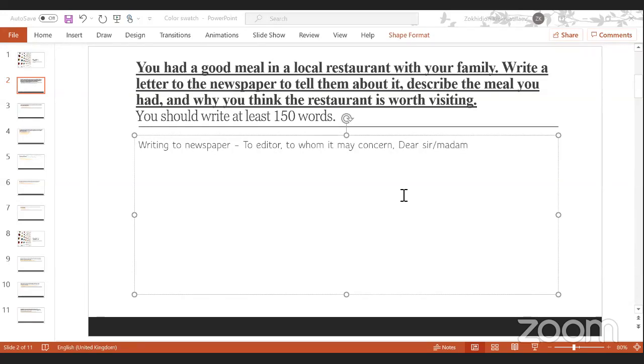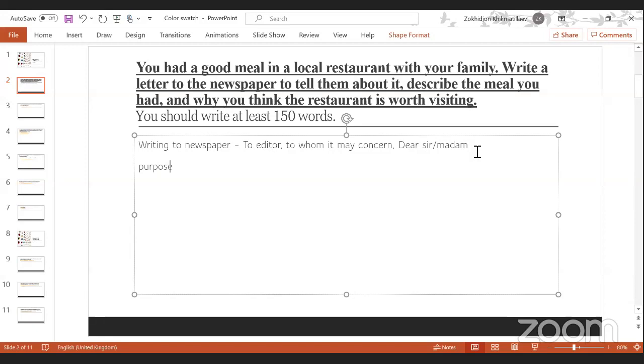Okay, now what kind of information should we include, or how should we start our introductory paragraph? Or can we just jump to the straightforward answer? No, the first is purpose.